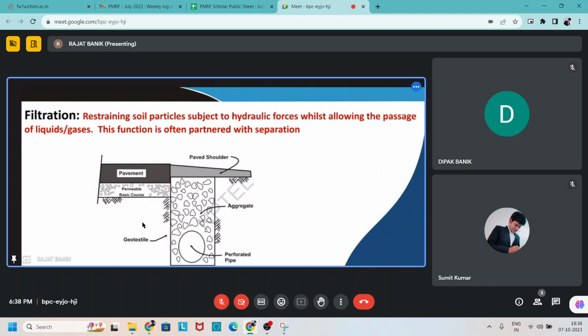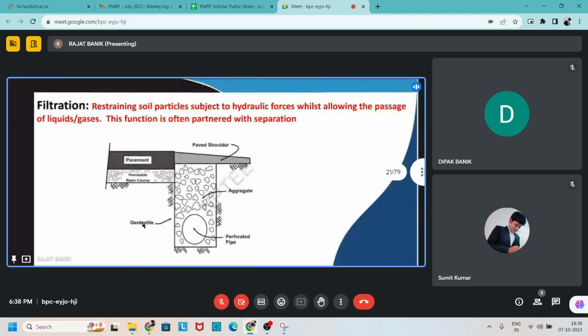In this function we actually filter the water. That means we can restrict the flow of the particles with the water, and only pass the water only, or gas only.